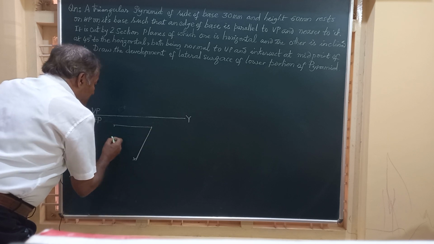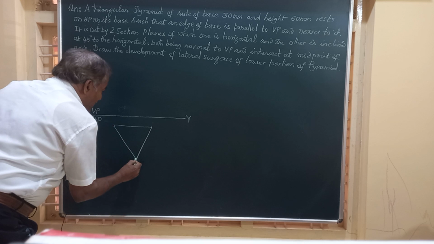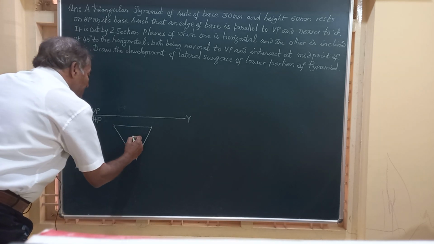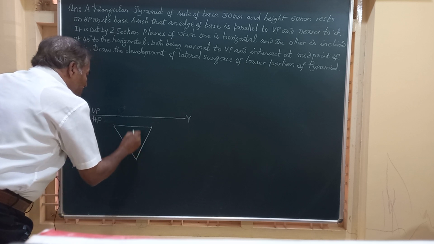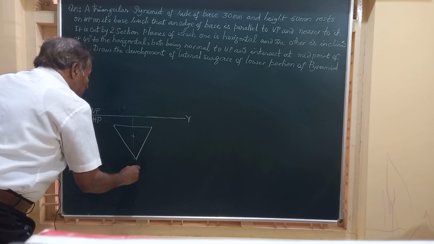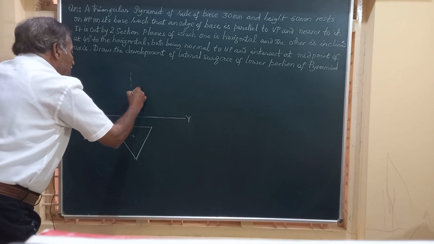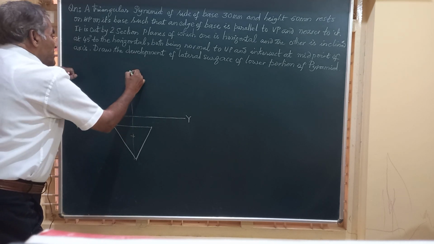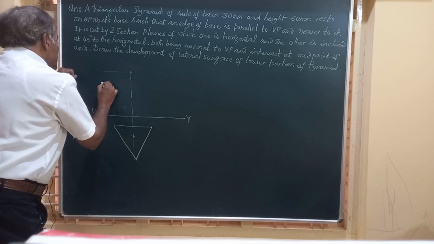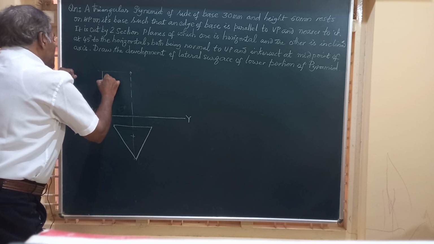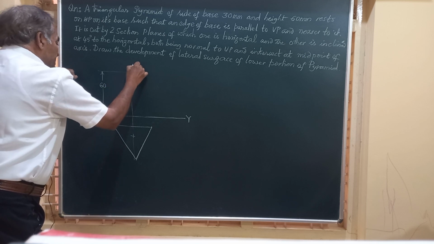I will take this side as 30 mm and complete the top and front views. Exactly through this corner you will have the vertex of the pyramid. The height of the pyramid is given to be 60 mm. So I take 60 mm height and obtain O dash, the vertex.